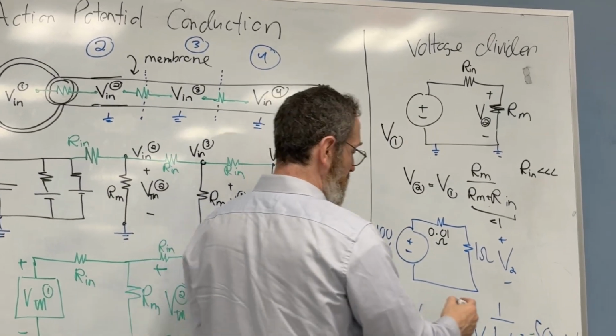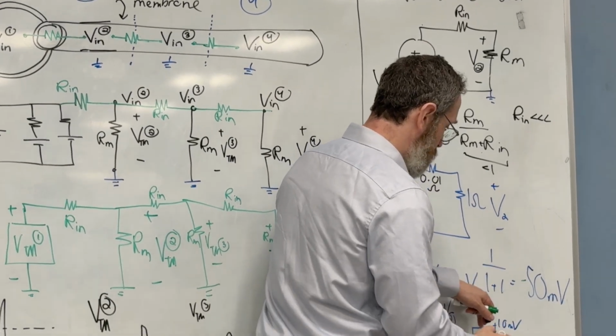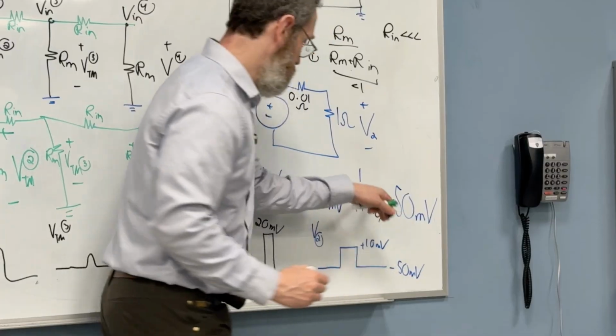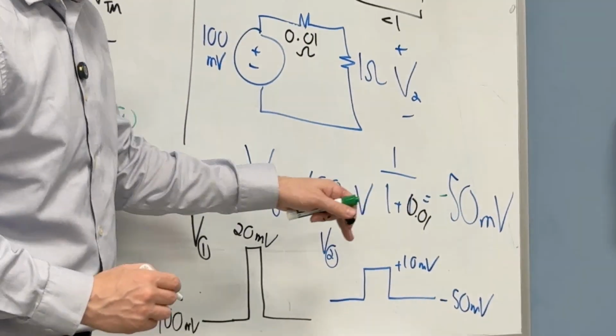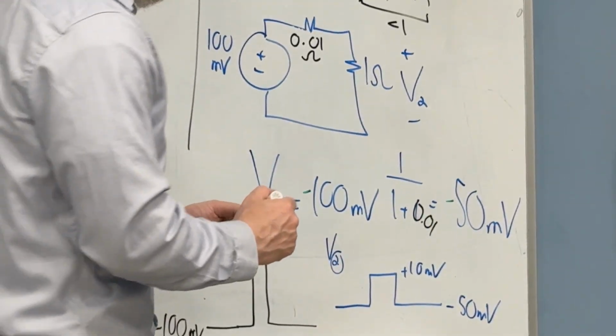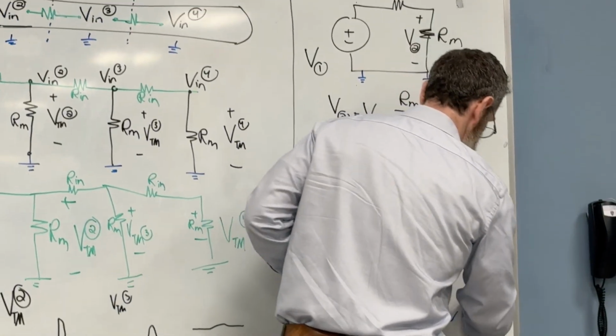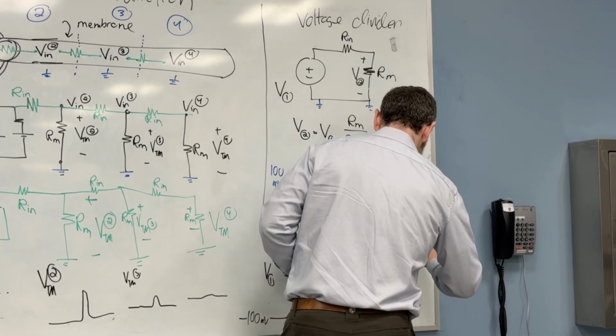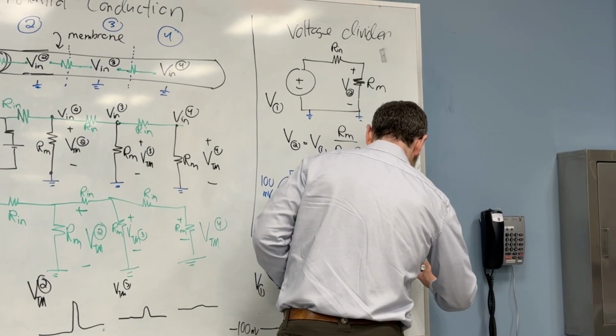So now I have 1 over 1 plus 0.01, right? 1 over 1 plus 0.001. And as a result, my result here, I'm just going to estimate it, might be around 99 millivolts.